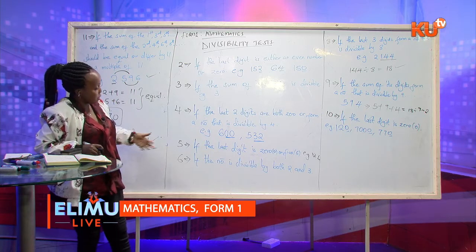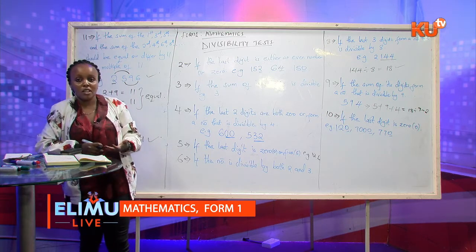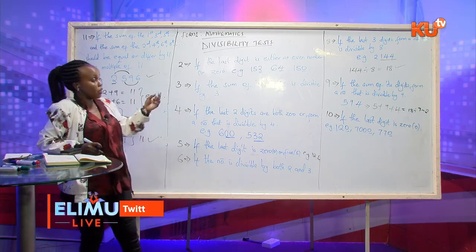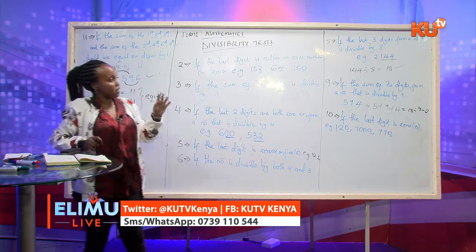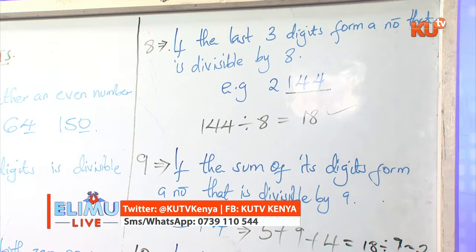We didn't have the divisibility test for 7, so we go to 8. A number is divisible by 8 if the last 3 digits form a number that is divisible by 8. We gave an example of 2,144, whereby the number formed by the last 3 digits was 144, which is also divisible by 8.